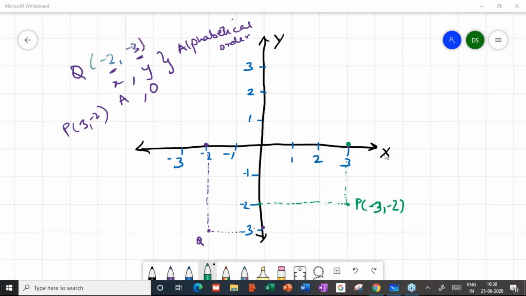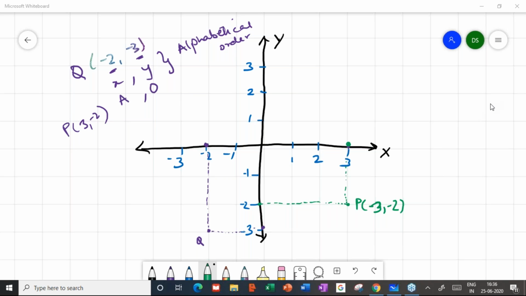Mansi says first quadrant. How? It's 3 comma minus 2. Minus comes below. Confused. Okay, I think you all will need a little practice to get which quadrant.